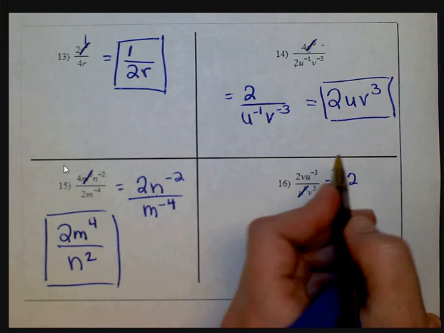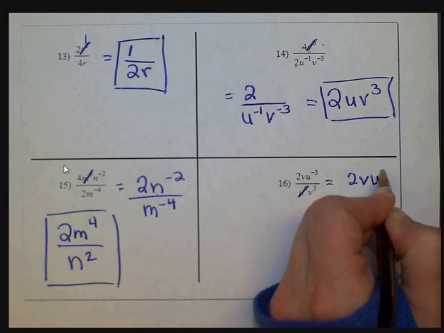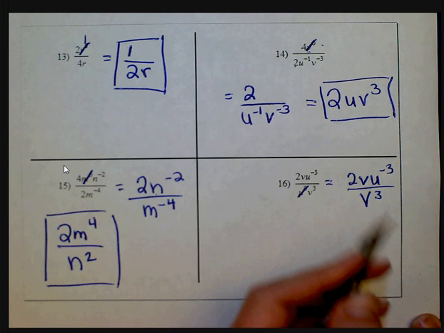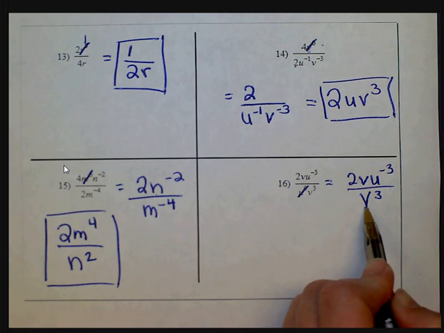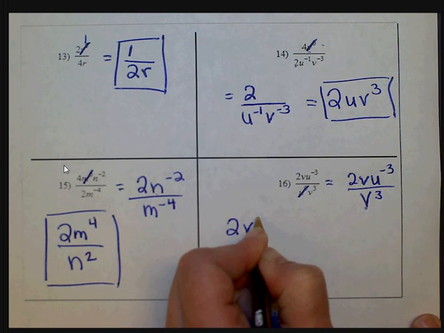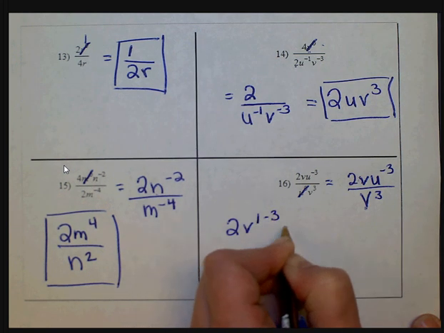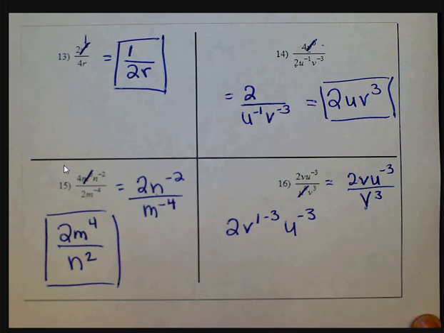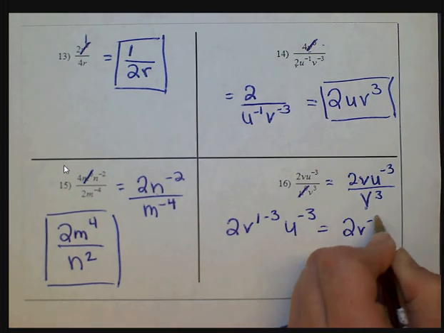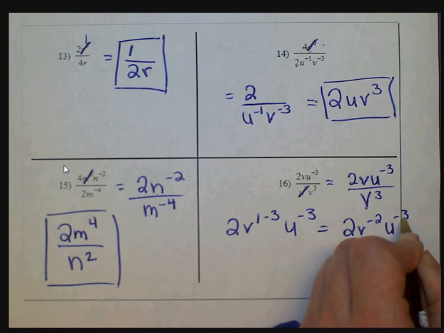So now I'm left with 2v u to the negative 3 divided by v to the third. All right, so I have like bases being divided, so I'm going to subtract the exponents. So 2v to the 1 minus 3, and then keep my u to the negative 3. Do my subtraction problem there, and I got 2v to the negative 2, u to the negative 3.